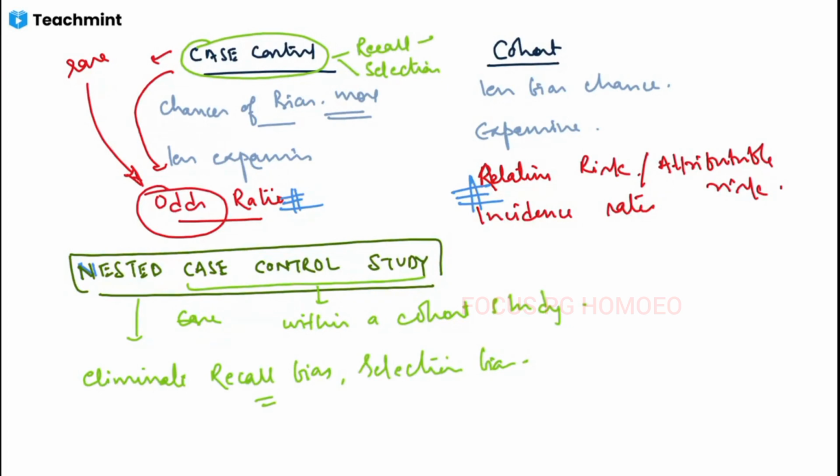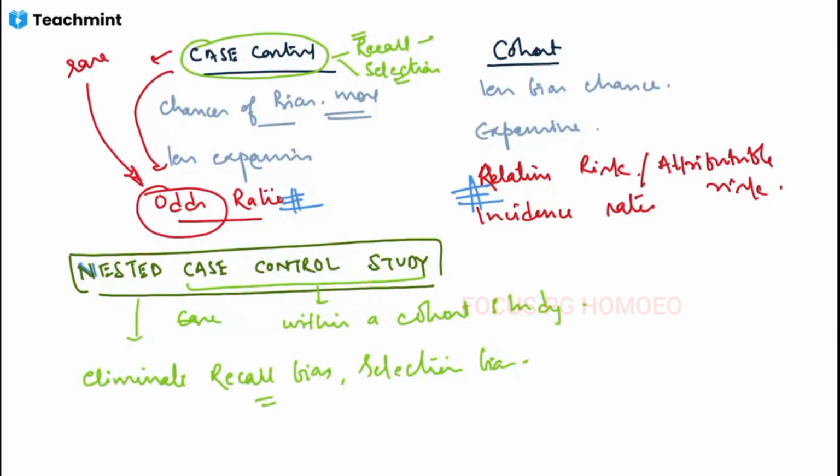Because of the less number of people, there is more chance of biasness in selecting the subjects also. When we have a lot of options, we can select easily. But when we have fewer options, we can go for selection bias also, mainly selection bias.